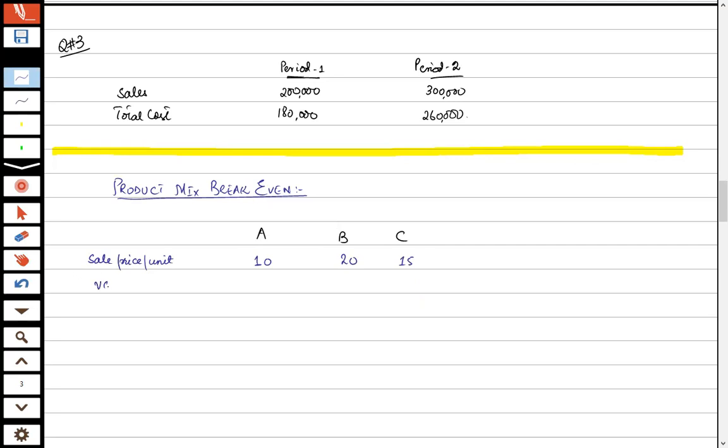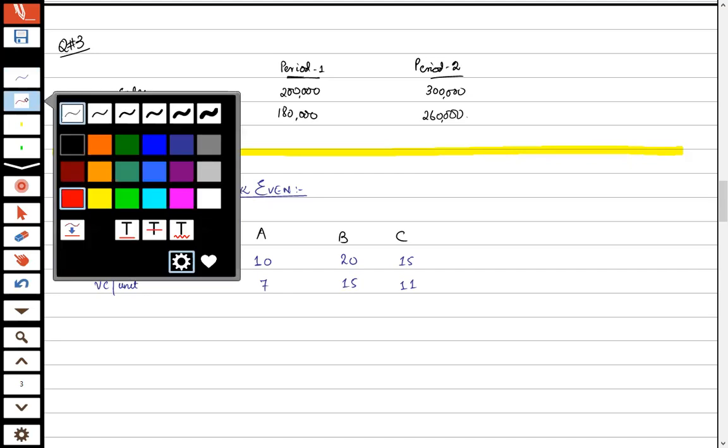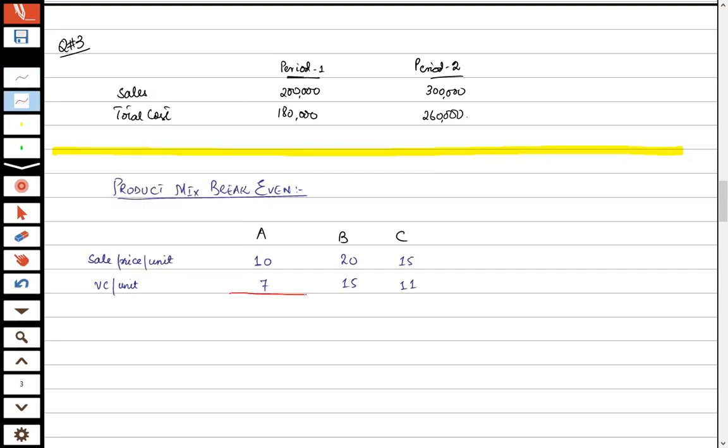And their variable cost per unit is 7, 15, and 11. So at this point, if I calculate their CM, what would it be? Its CM would be 3, its CM would be 5, and its CM would be 4. Done?